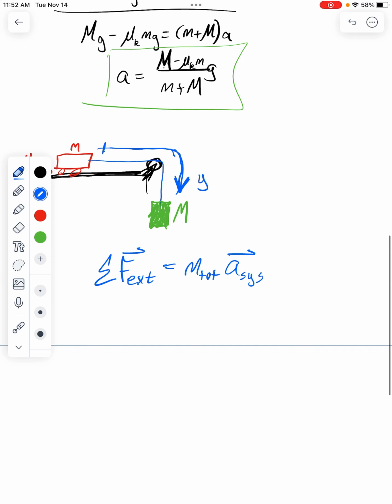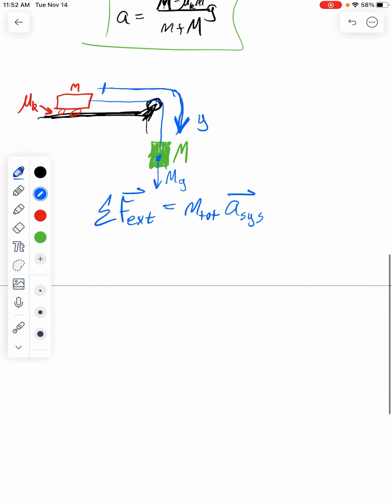Well, what are the external forces? On big M, we only have its weight. On little m, tension is not an external force, so we have the friction. And we still have the normal force and the weight of little m. They do cancel each other out, but if we don't at least think about them, we won't be able to calculate the friction.